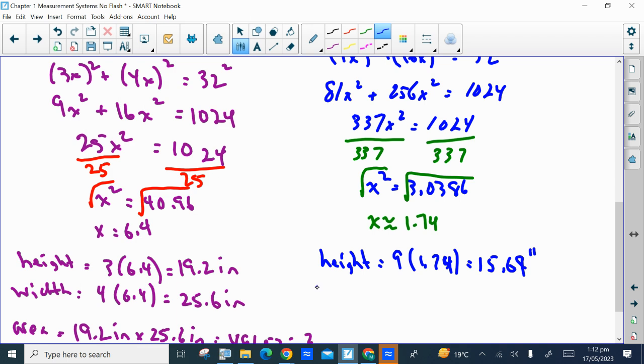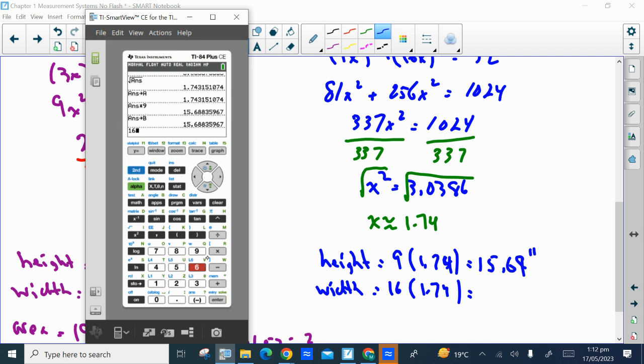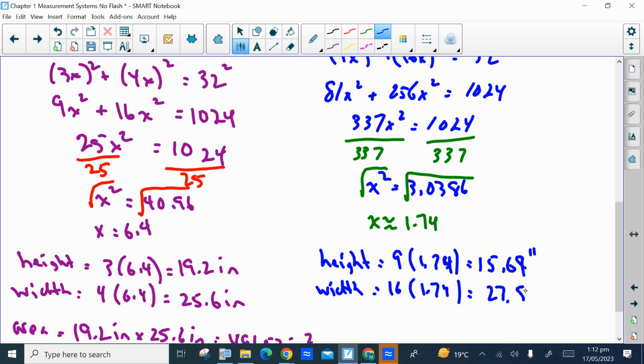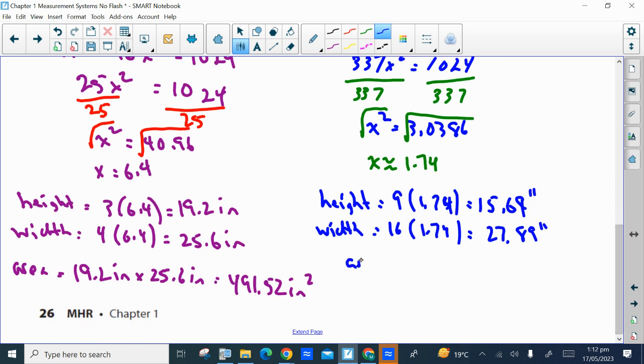The width of this TV is 16 times that 1.74 inches. So 16 times the number we put in alpha A is 27.89 inches, approximately. And then our area is found again by multiplying these two together.